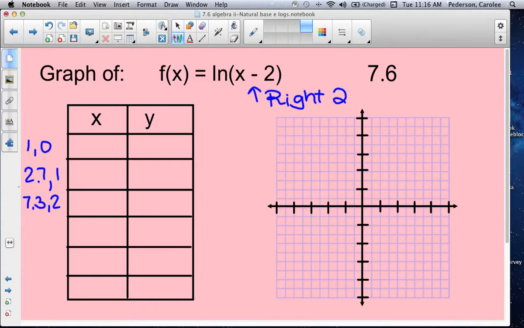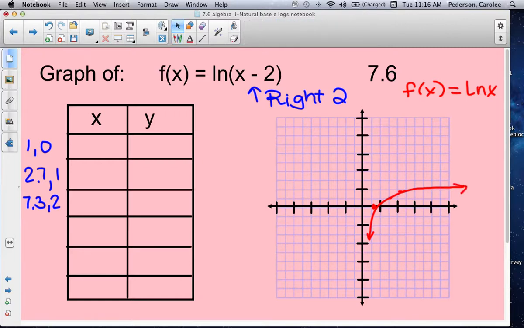If I just graph the original f of x equals ln of x like we did on the previous slide, quick sketch.